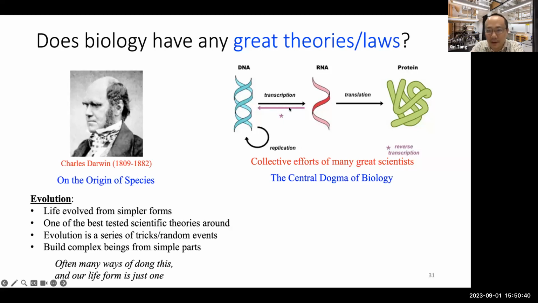The central dogma says every cell has DNA, and DNA can replicate itself, and then DNA can transfer information to RNA. That process is transcription. Then RNA goes to protein, and this process is called translation. Here, DNA can replicate itself, and the genetic theory is embedded. I think some of you talked about the genetic theory, right?